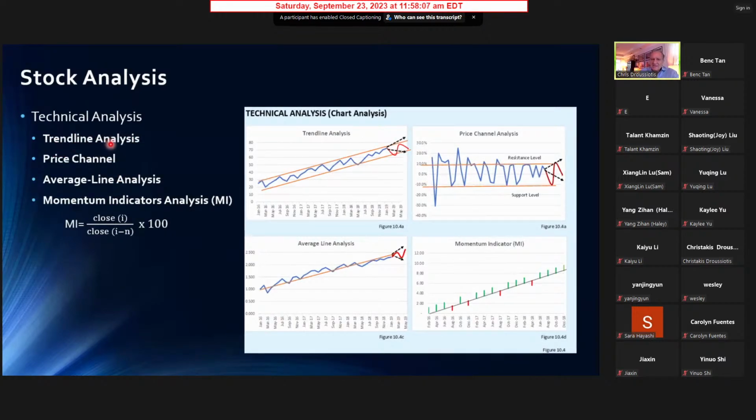In the trend line analysis, basically, they look at the upper and lower. See, this stock is going up, but it has an upper and lower threshold, like a standard deviation. So basically, think about it: a machine, like a computer, will buy when it hits that decline here, and then it will sell when it hits the line up here.